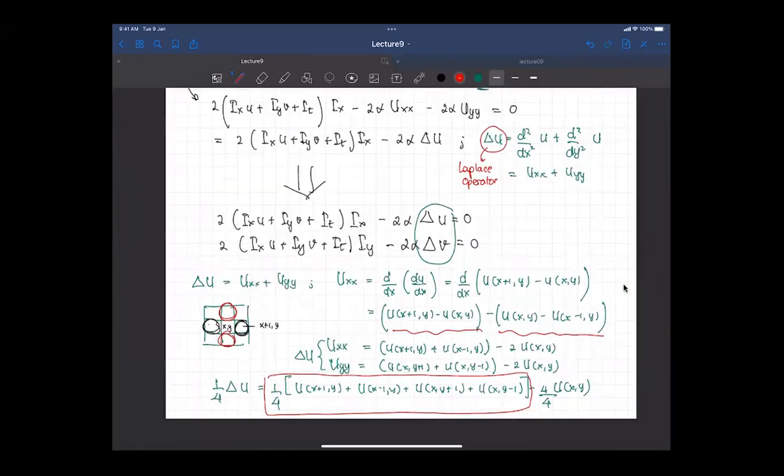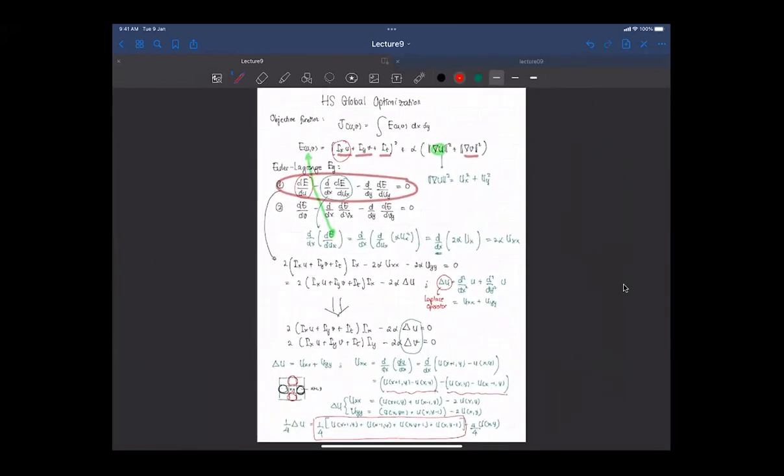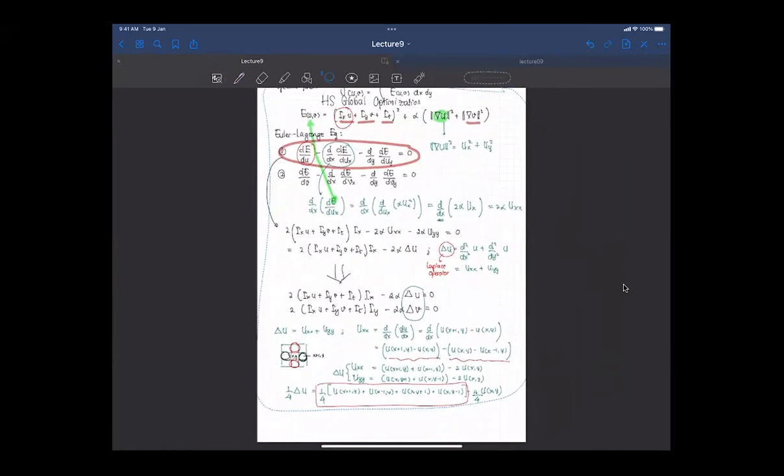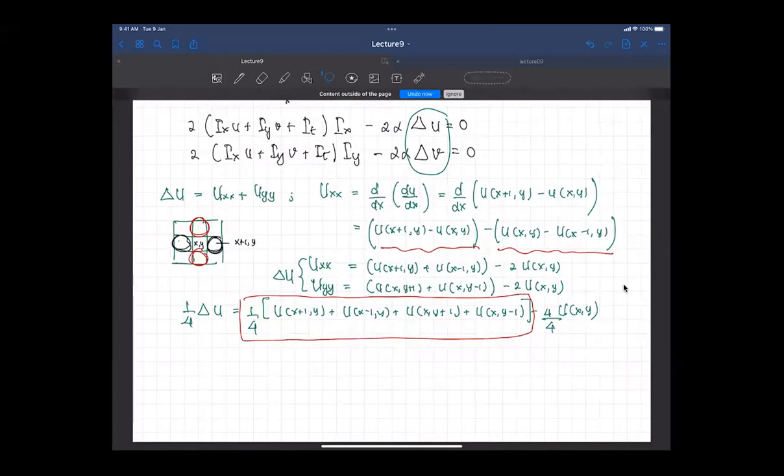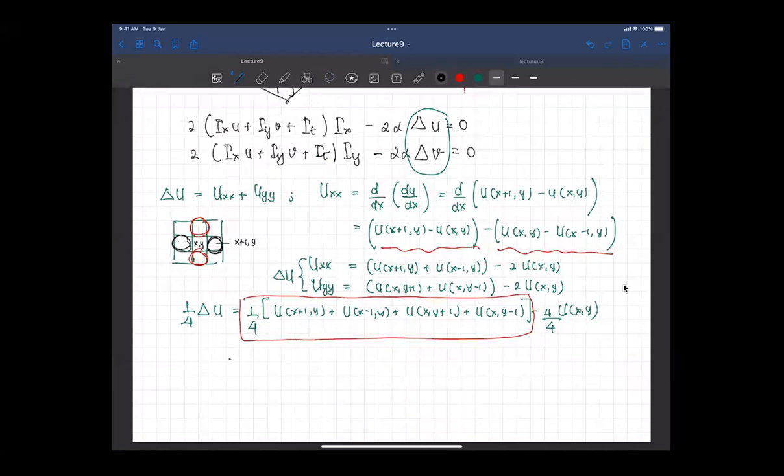So in other words, here, this one is the average. So this one is u average minus u xy.